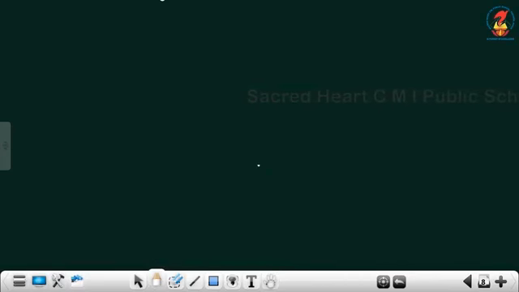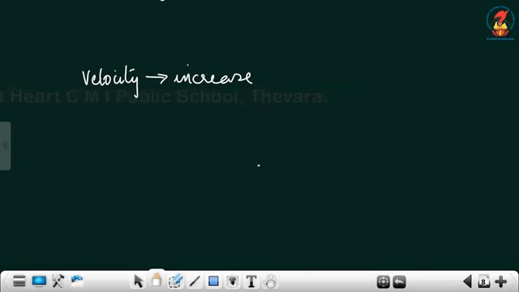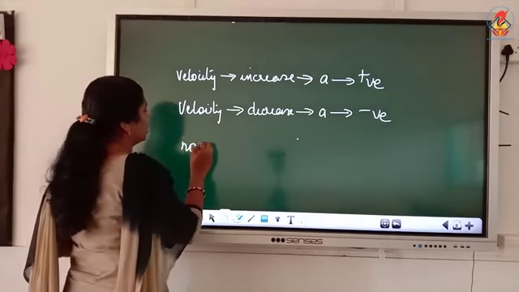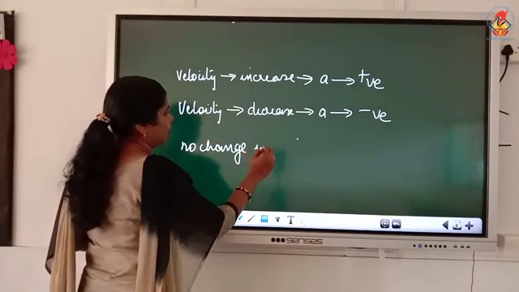If velocity decreases, then acceleration is negative.